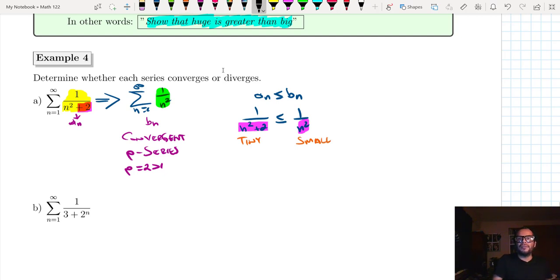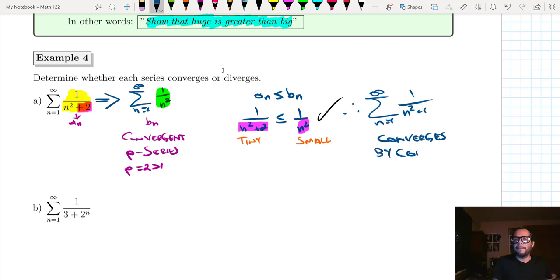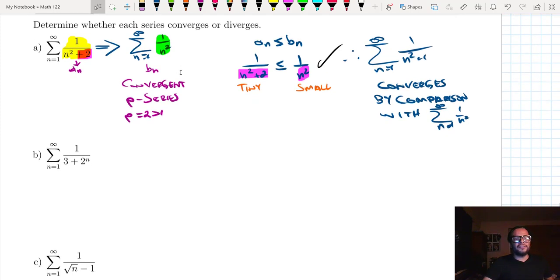And because this is true, then sigma n equals 1 of 1 over n squared plus 1 converges by comparison with 1 over n squared, sigma n equals 1 of 1 over n squared. Okay. Let's look at another example.